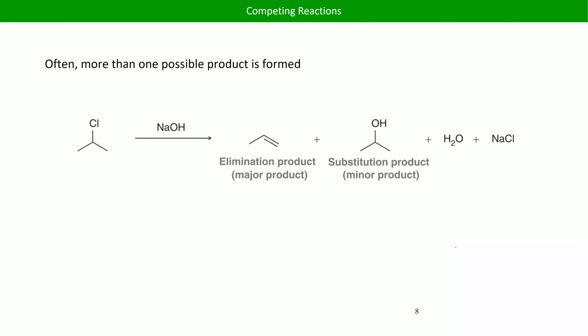Right, so even if this is a major product, that might mean 75% of your carbon product is the elimination product, and 25% is a substitution product under these particular conditions. As long as these percentages add up to 100, then we can still consider this to be a balanced reaction. Right, because it's like, okay, if I started with 100% and I made 75% and 25%, that still adds up to my total amount of carbon that I started with.